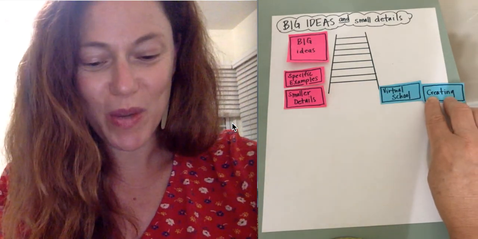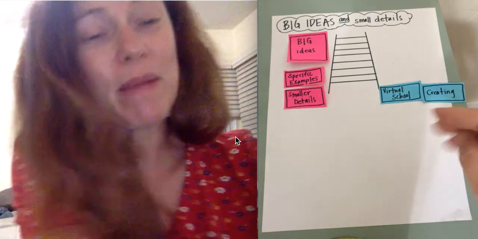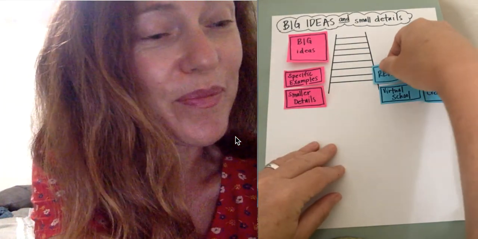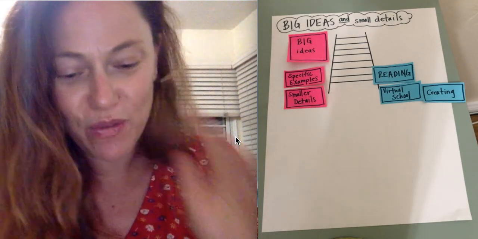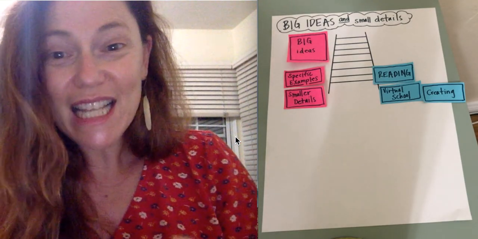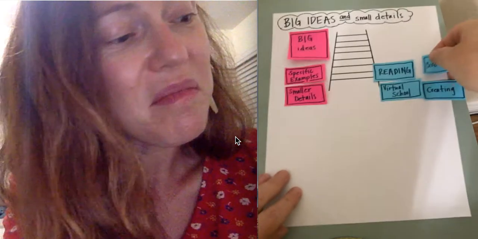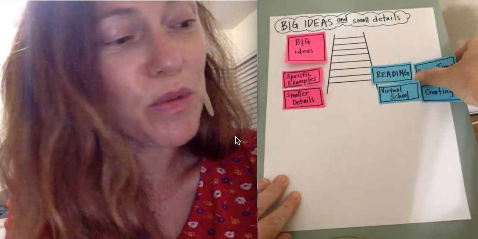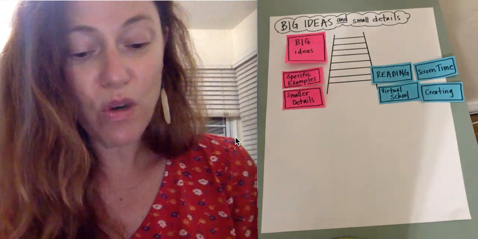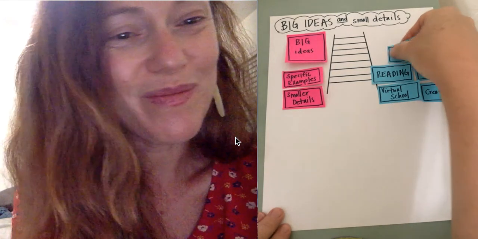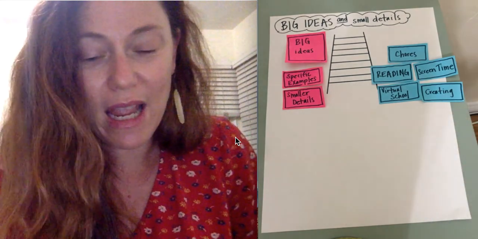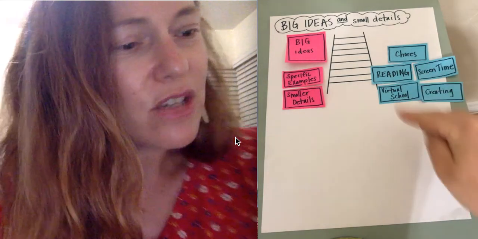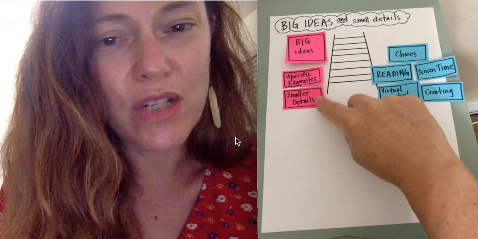You guys know I've been doing that. And then I spent some time reading, lots and lots of reading. You guys are reading every day. And then I did a little screen time, maybe played a video game or Zoomed with my family. And then of course I did my chores. Maybe this is what your day looks like too. You probably have a lot more things that you do in one day. So all of these are specific examples or smaller details.